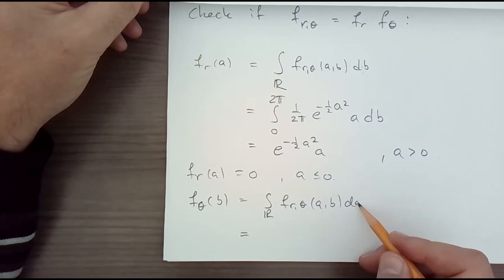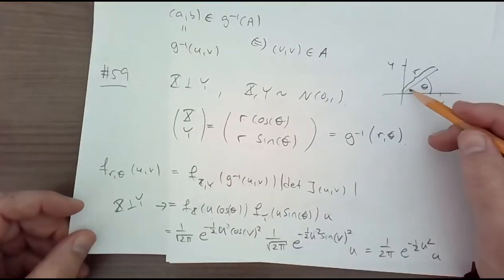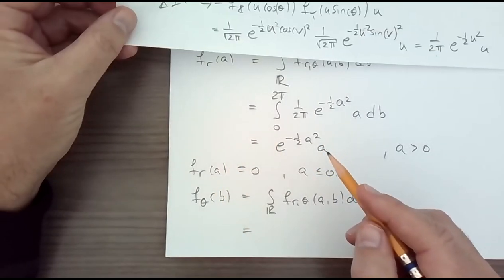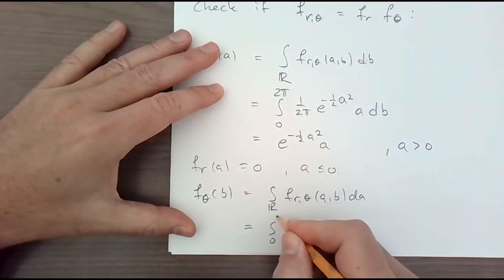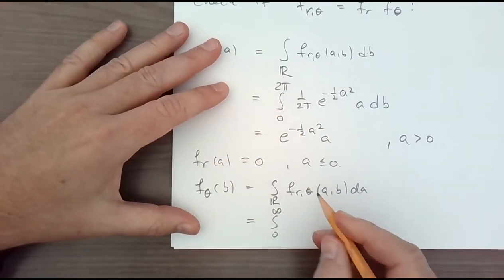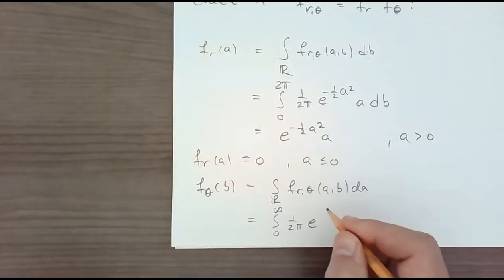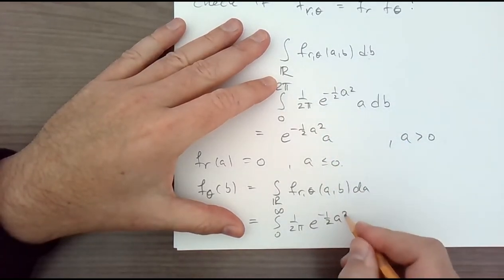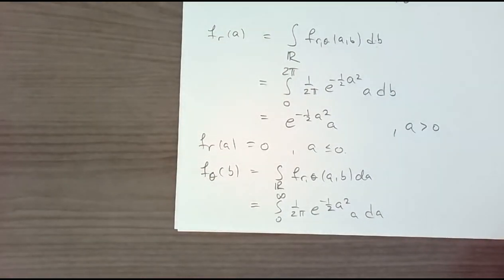Okay, so where does a run? a is the first variable, so a is R, that is the length. So it's going to run from 0 to infinity. The same density, 1 over 2 pi, e to the minus 1/2 a squared times a, and then da. And now what's that integral?